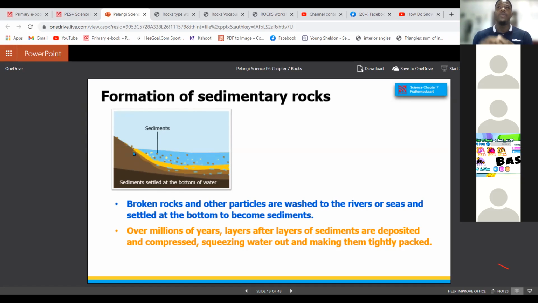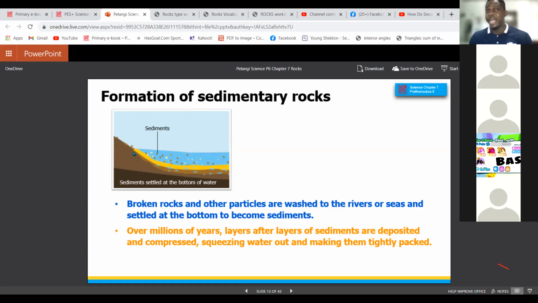Okay, so when parts of the rocks break down, they fall on the ground. Then the wind will come and blow those particles away from that rock. It's like when you're sweeping, cleaning the room. You can use your broom to sweep away the dirt or the sand or the dust on the floor.